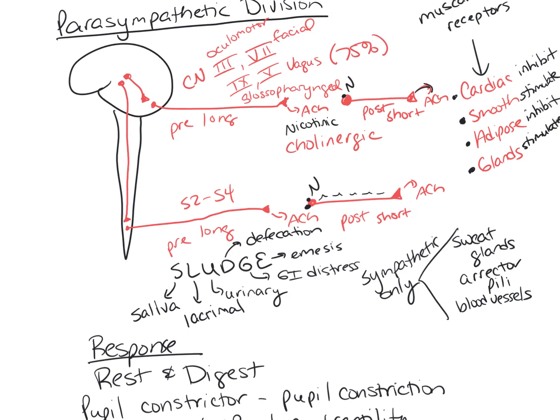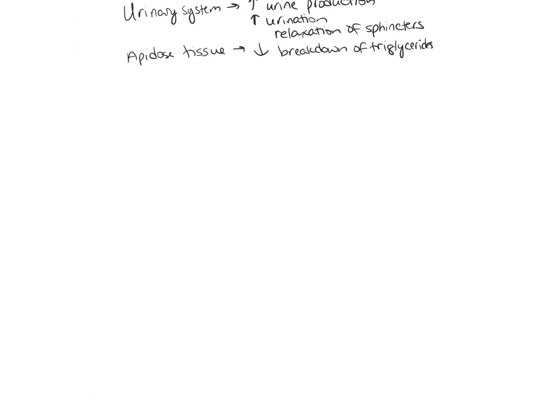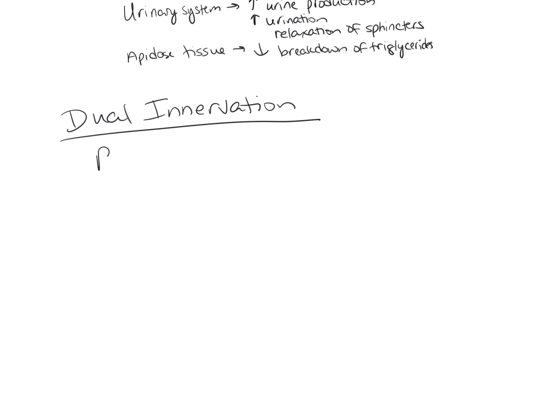Then the last thing I want to point out is that dual innervation occurs with the autonomic nervous system. And what dual innervation basically means is that many of the organs in your body are innervated by both the parasympathetic nervous system and the sympathetic nervous system.